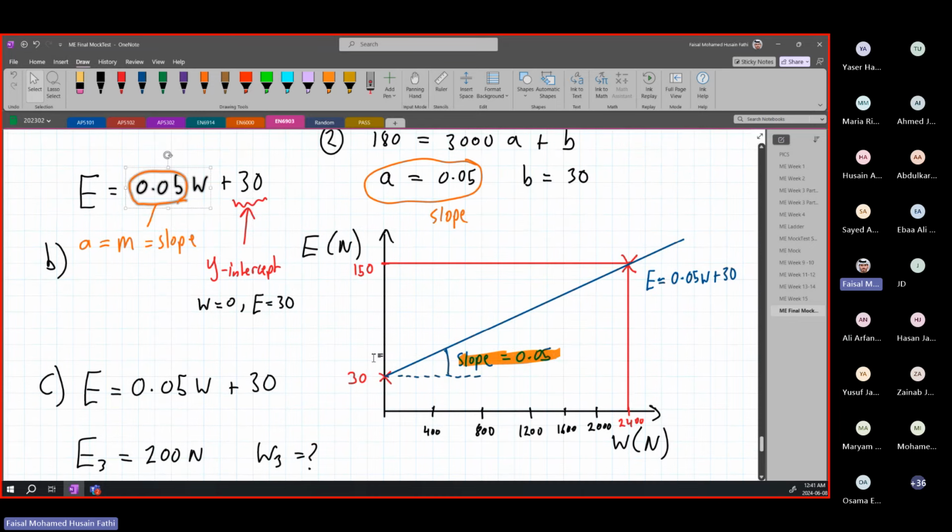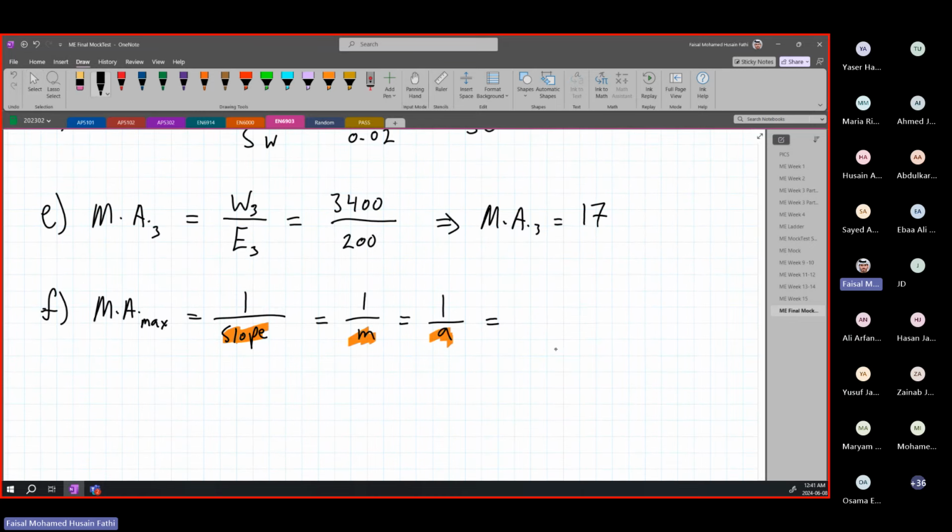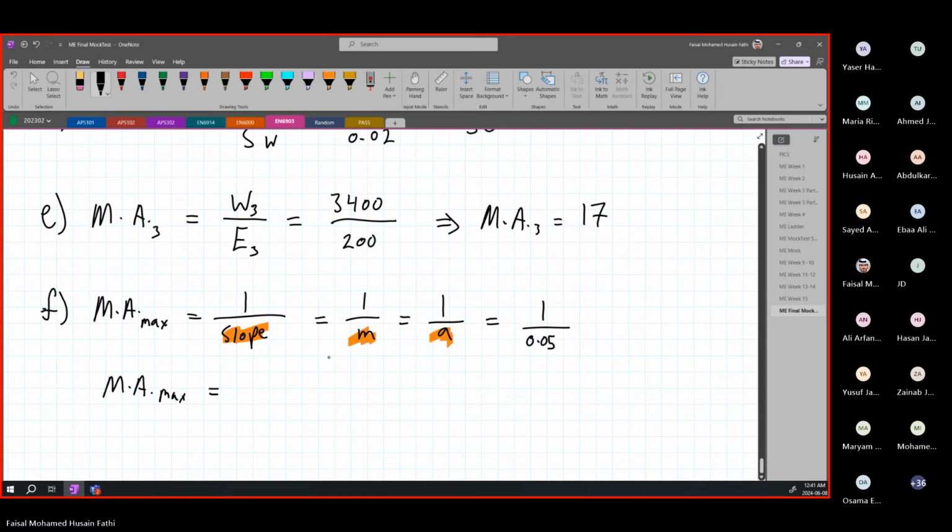So this is 1 over 0.05, so MA max is 20. The maximum value for your mechanical advantage will be 20. If you found a value that is larger than this, just know that you made a mistake, because this is the maximum possible value.